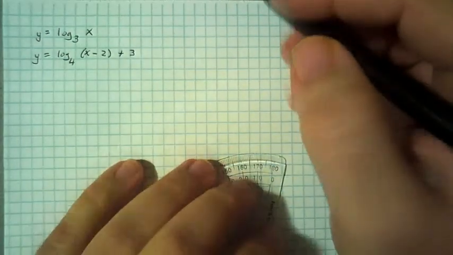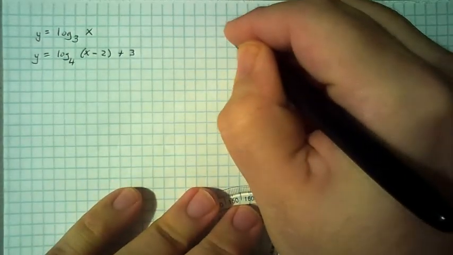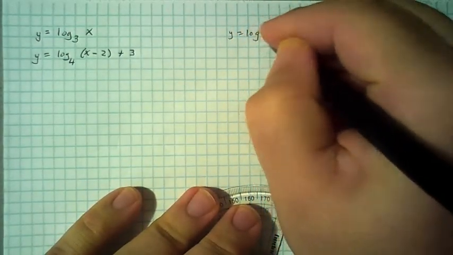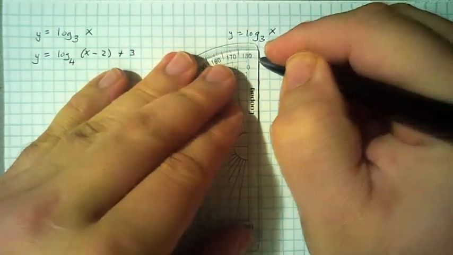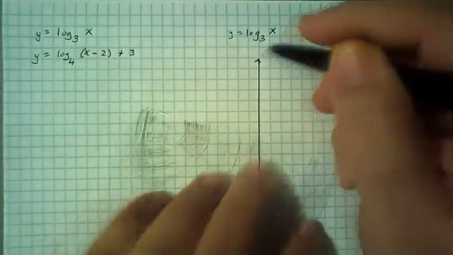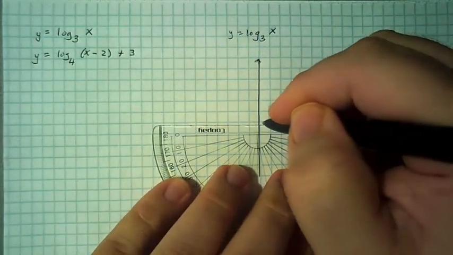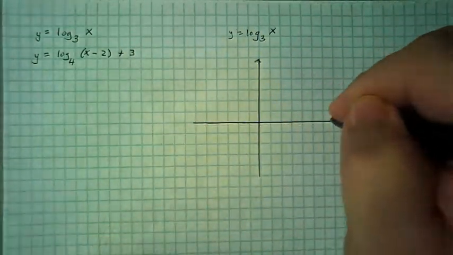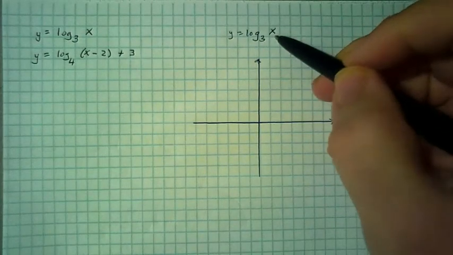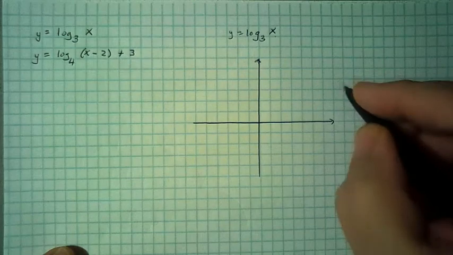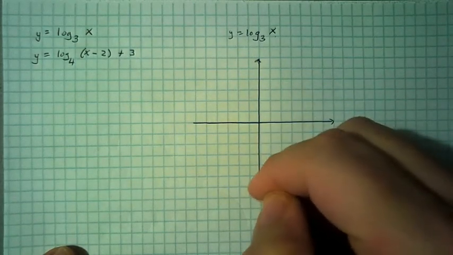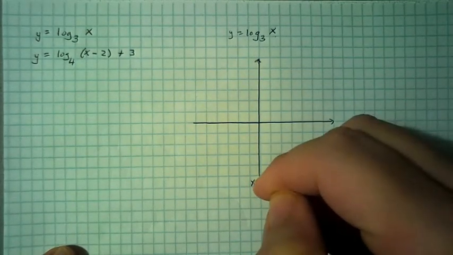So I'm going to start with y equals log base 3 of x. The first thing I'm going to note is I need a vertical asymptote. Now the vertical asymptote for a logarithm is going to happen where the argument, the inside, would be 0. So if there's nothing being added or subtracted inside your logarithm, your vertical asymptote is going to be at 0 for the first one.